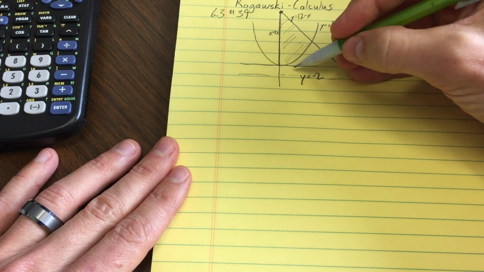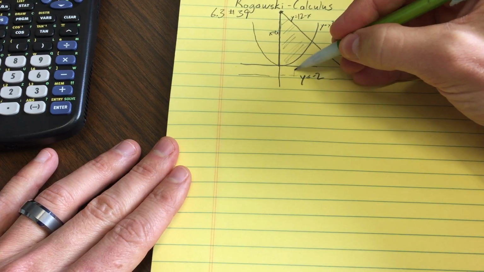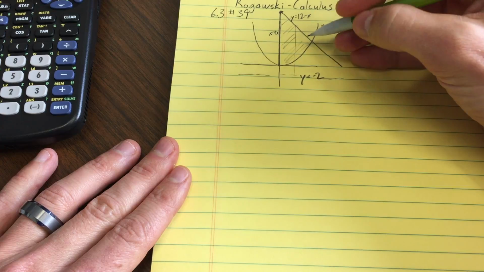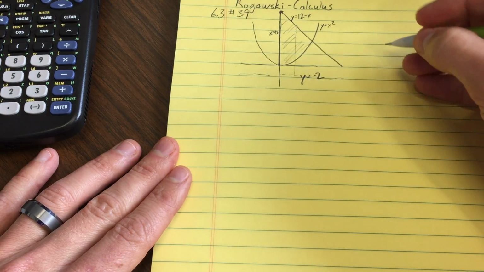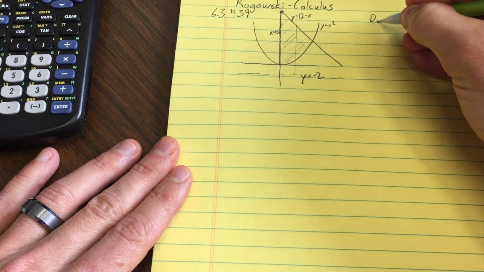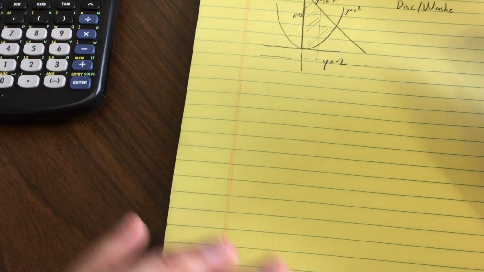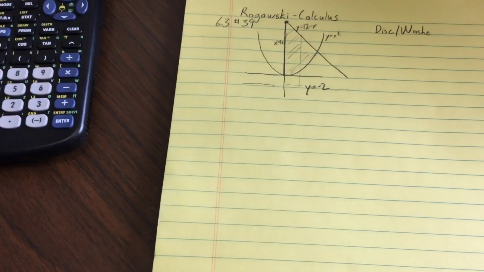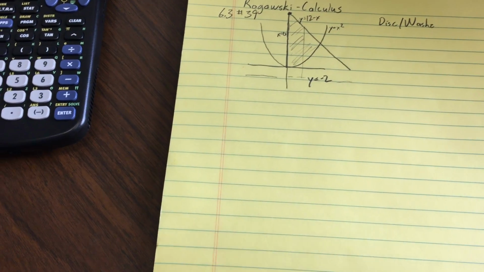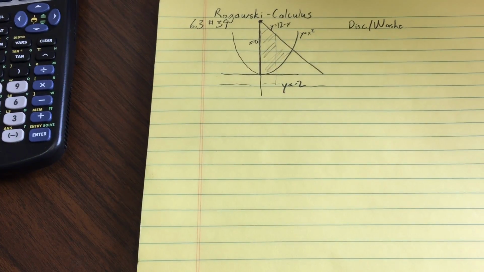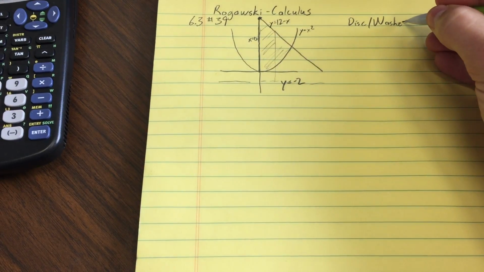Okay, so here's my region. Notice that cutting perpendicular to the axis of rotation is going to work pretty well. So this is the disk slash washer method, we usually say.